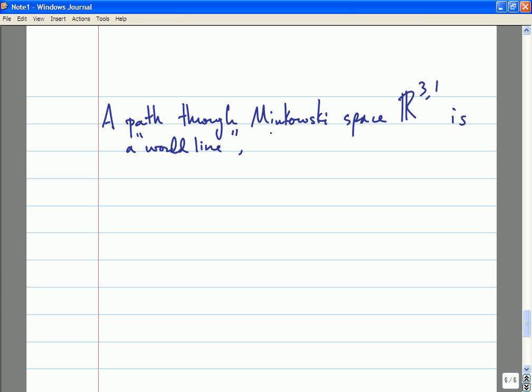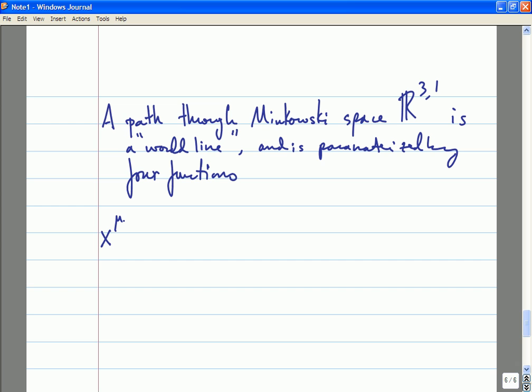and is parameterized by 4 functions. So if a point in Minkowski space is given by the quantities x mu in our Cartesian coordinate system, then in order to describe a path through that space-time, I need to introduce some continuous parameter lambda and tell you how it is that those 4 quantities depend on lambda.